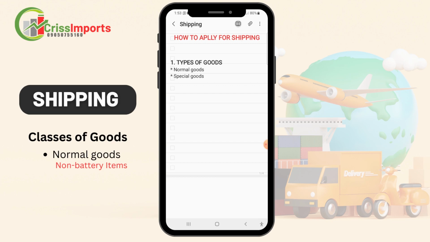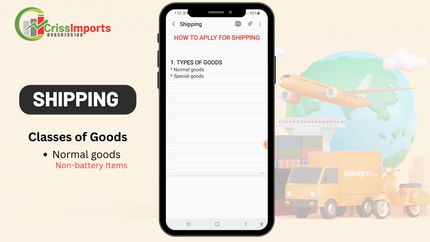The list is endless. I can't mention them all. But examples are your clothes, your bags, your shoes, your beddings, some home accessories, anything that doesn't have a battery, no matter how big or small, no matter how heavy or light, like hair, all those things are normal goods.